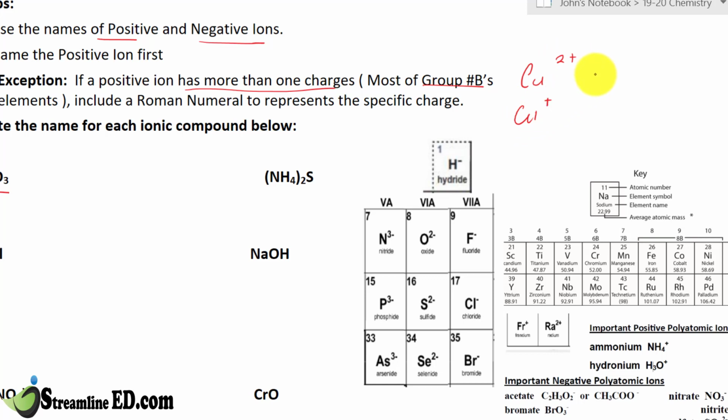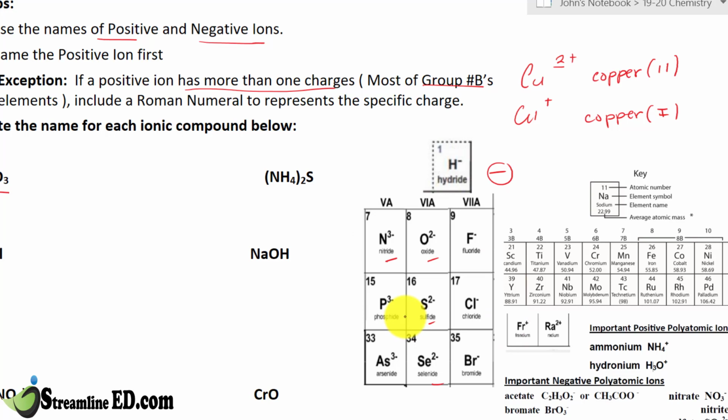What's the Roman numeral for 2? Just II. What's the Roman numeral for 1? For copper with a charge of 1+, just I. So that is the only thing that's tricky. And the other tricky thing is the negative ions, because the negative ions have a unique name that ends with IDE. So keep that in mind.